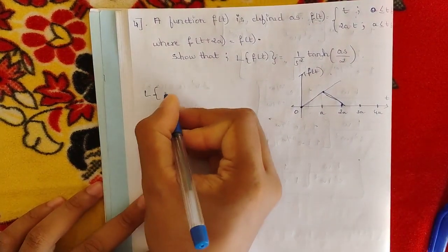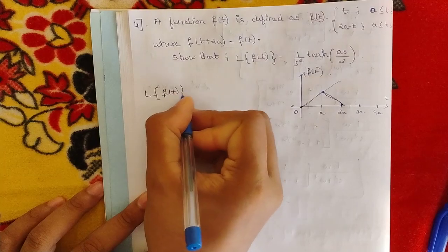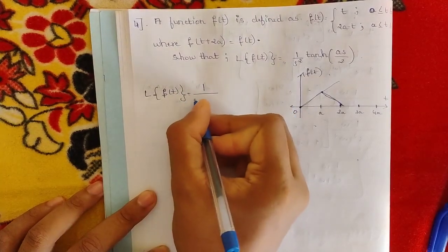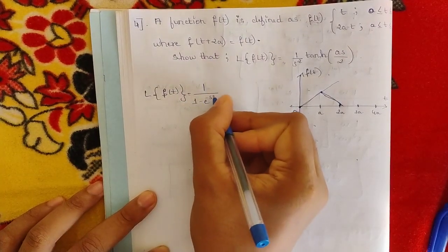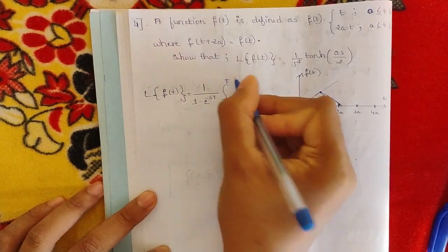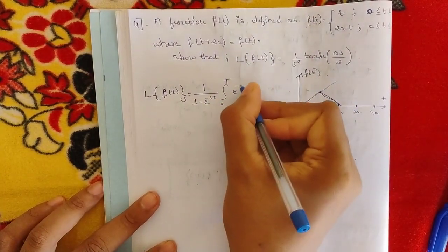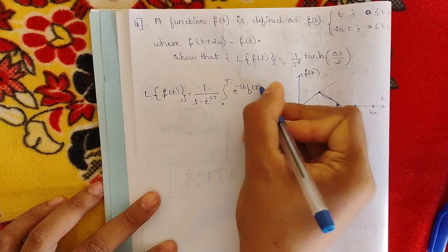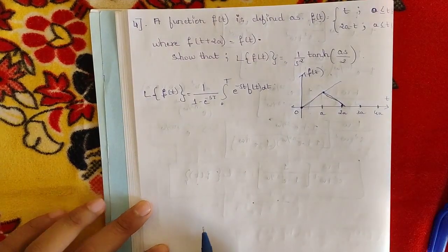So according to this, now let us solve for Laplace transform. So formula is L of f of t is equal to 1 divided by 1 minus e to the power minus st, limits from 0 to t, integration e to the power minus st f of t dt. Okay.